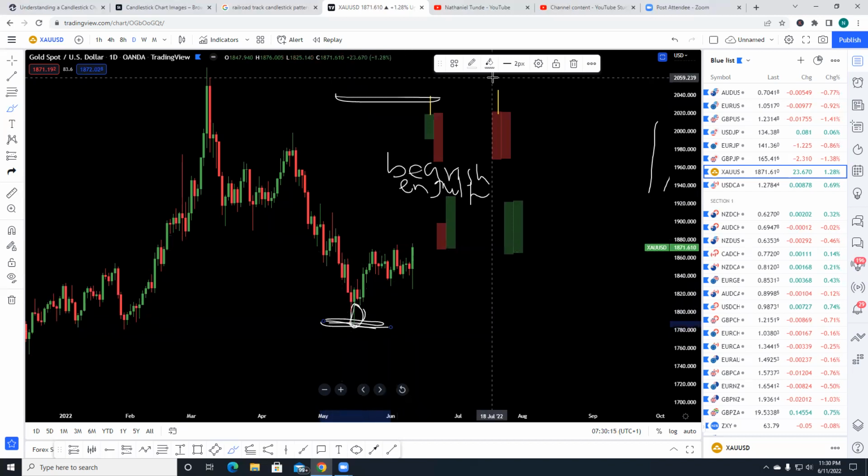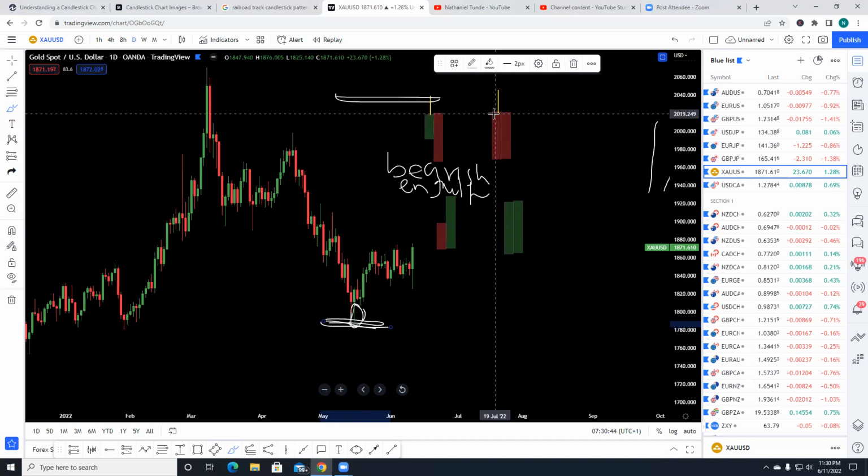The same thing I'm telling you. I love to see a railroad track where the first one, nobody might tell you this, but based on experience and observation over time, and adding the concept of liquidity to candlestick patterns, you understand why the first candle of a railroad track always leaves a wick, a big wick.